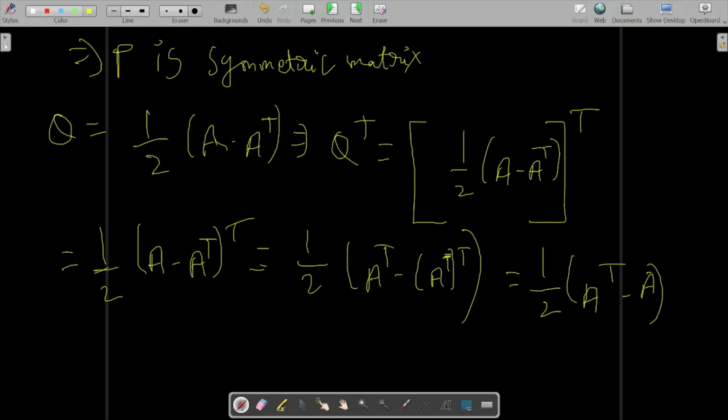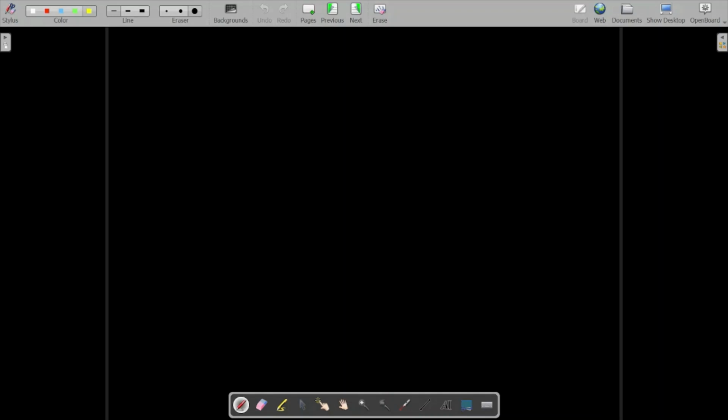Then I will write the minus sign outside, so it is minus half of A minus A transpose, and this is equal to minus Q, clearly. So Q transpose has come out equal to minus Q, which implies that Q is a skew symmetric matrix.